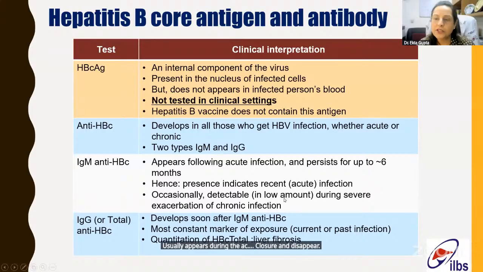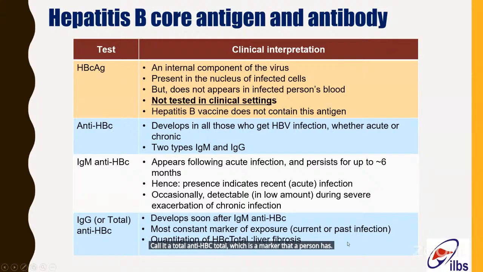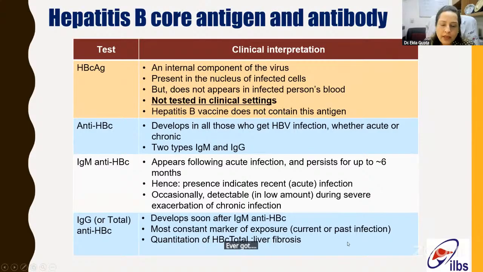But once the patient, which I showed you in phase 3, IgG is formed. Normally the kits which are available cannot distinguish between IgM and IgG. We call it total anti-HBc, which is a marker that a person has ever got the infection.